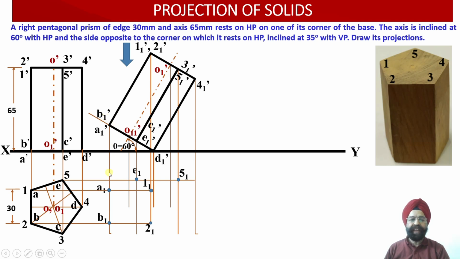From B1 dash, we have drawn a vertical projector line. This vertical projector line intersects with this horizontal projector line drawn through the point B. So this intersection point provides us with the location of the point B1 over here. Similarly, this point is 2 1 dash. From 2 1 dash, once again, we have drawn a vertical projector line, and wherever this vertical projector line intersects with the horizontal projector line drawn through the point 2, we have obtained the point 2 1 over here.